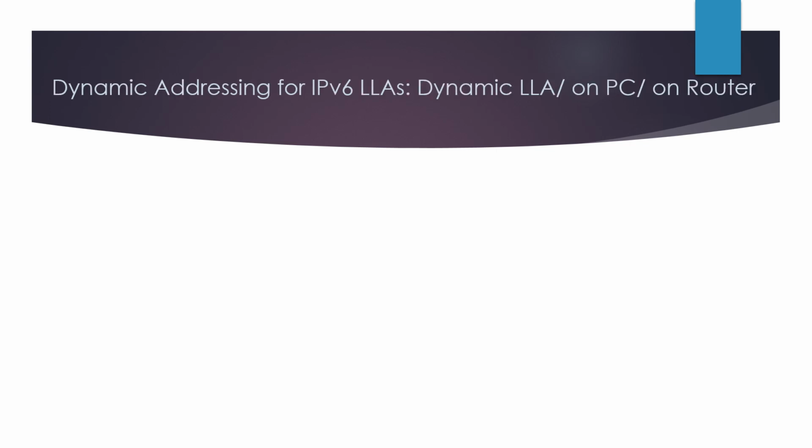All IPv6 devices must also have an IPv6 link local address. You can also create these addresses dynamically. Regardless of how you create your link local address or your global unicast address, it is important that you verify all IPv6 address configuration.